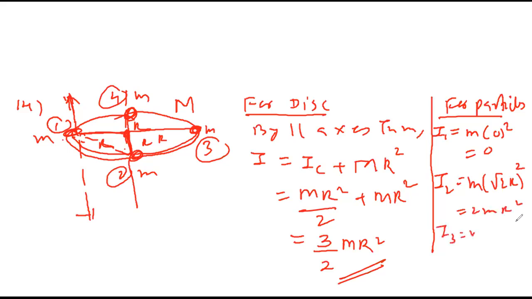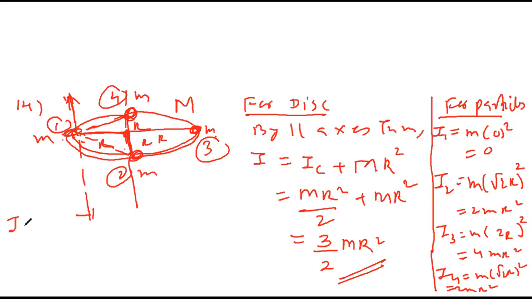For the third, what is the distance of this third mass from this axis? From here to here, it is 2R. Correct. So this becomes 4mR square. And the fourth is the same, root 2 R, so mass into root 2 R square, that is 2mR square.